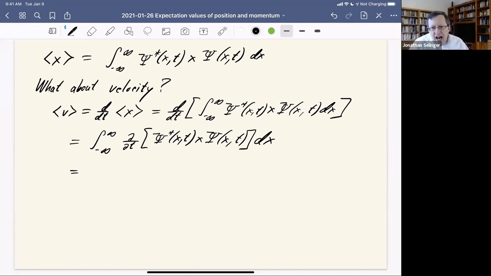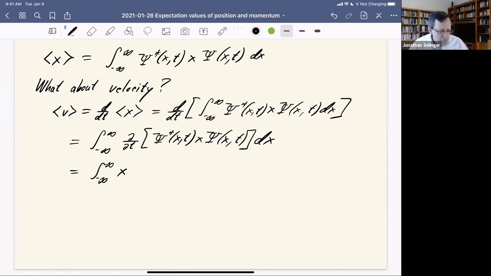The average of x might depend on time, but x just as a variable by itself is separate from time. So I can factor out the x, and I have the time derivative of the product of psi star times psi.